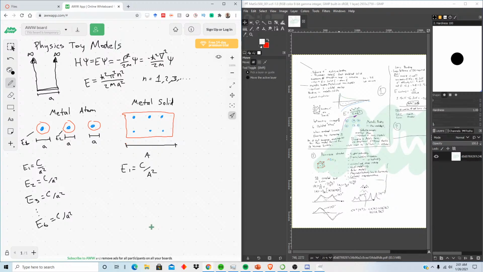Let's assume big A is 3 times the size of one of these. And so if it's 3 times the size, what this thing would do is actually say 3A squared. And this is 9A squared.